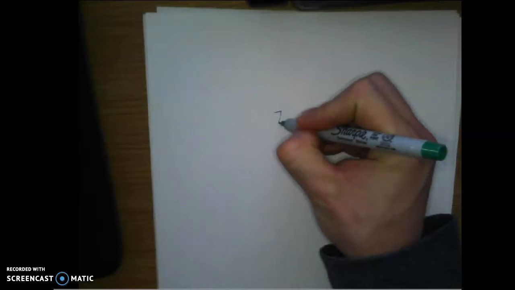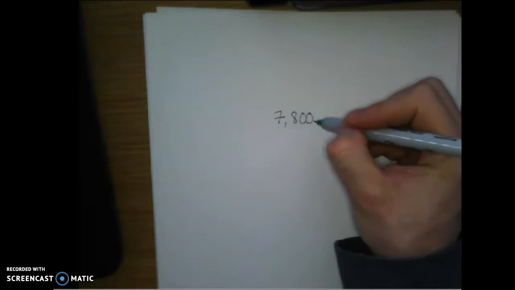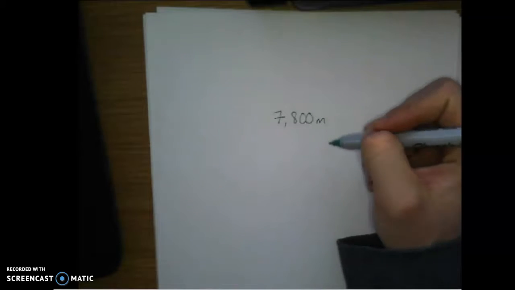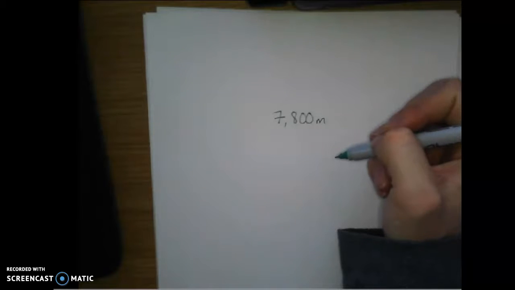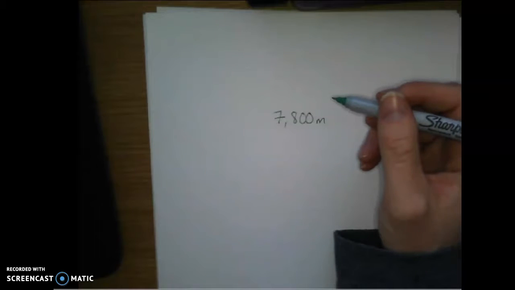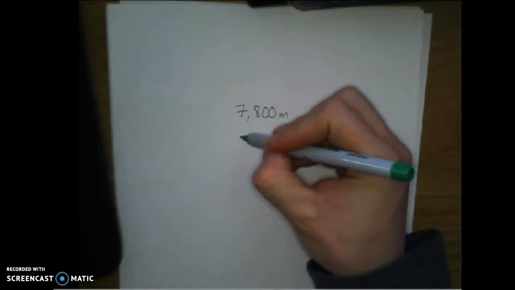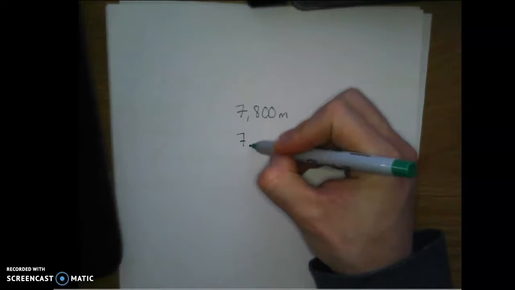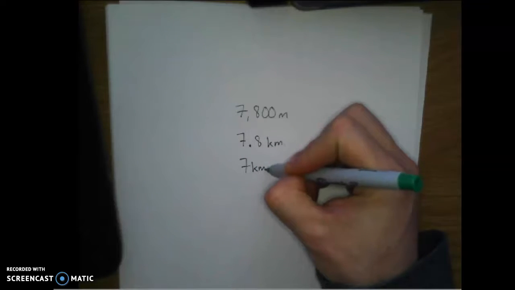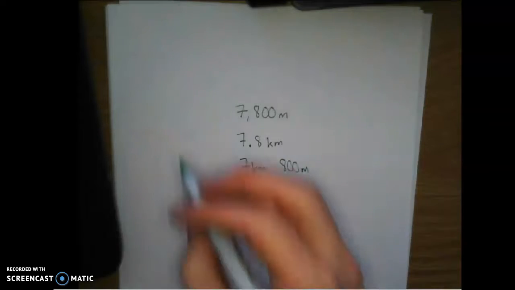That means there was 7,800 meters. So that is 7.8 kilometers, or say 7 kilometers 800 meters. That is question 13.